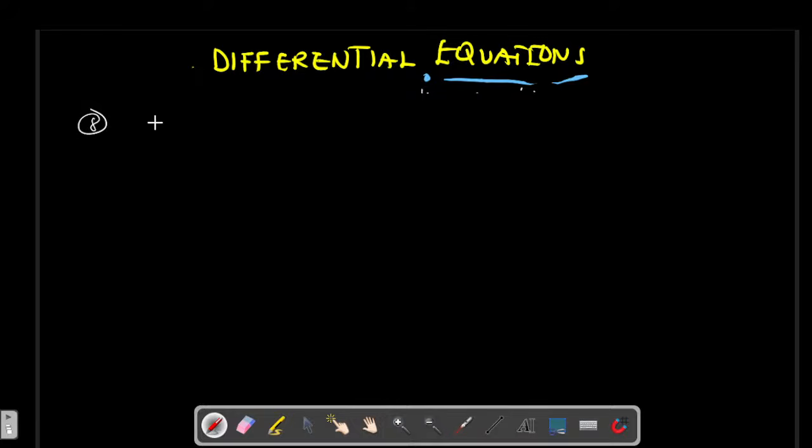For the eighth question, I have y prime is equal to e to the power negative y multiplying 2x minus 4, y of 5 is equal to 0.